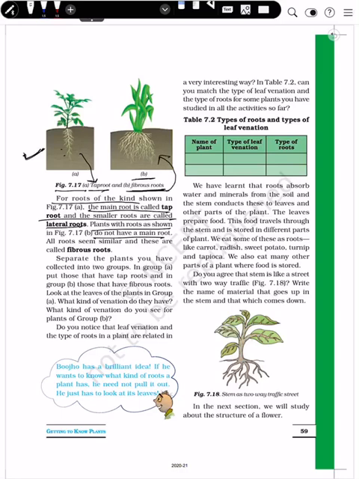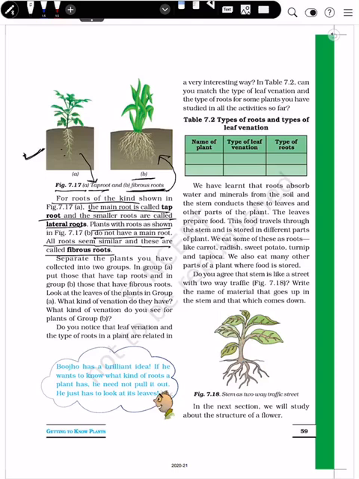So this is the diagram of the fibrous root. In the fibrous root, all roots seem similar, and these are called fibrous roots. So here we have studied about the two different kinds of roots, that is taproot and fibrous root.